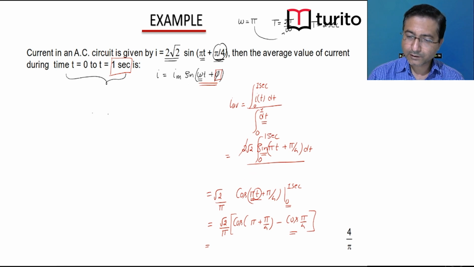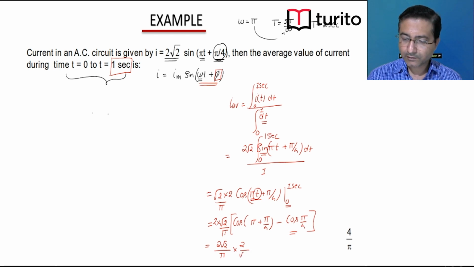And here this is 1 second. So 2 root 2 by pi, and then 2 times cos 45, 1 by root 2. This 2 and 2 will get cancelled out. We are getting 4 by pi.